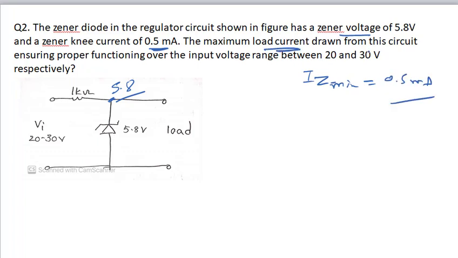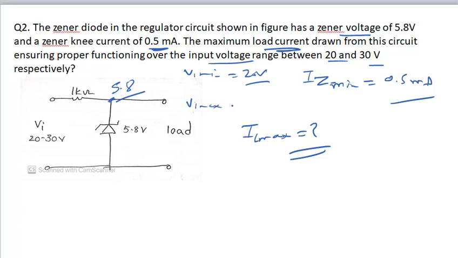We have to find the maximum load current drawn from the circuit, that is IL max, ensuring proper functioning over the input voltage of 20 to 30 volt, that is VI minimum is equal to 20 volt and VI max is equal to 30 volt. Now we have to find IL max.